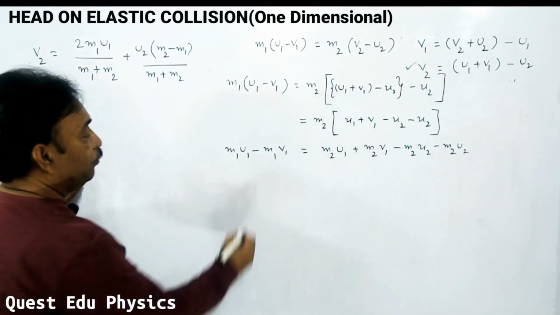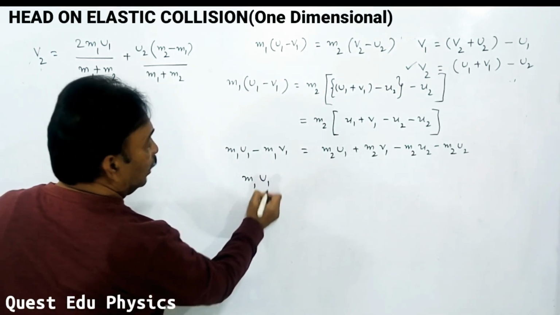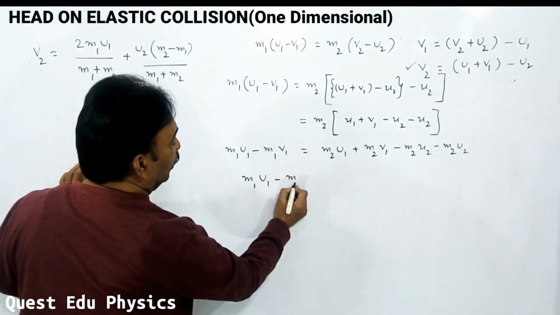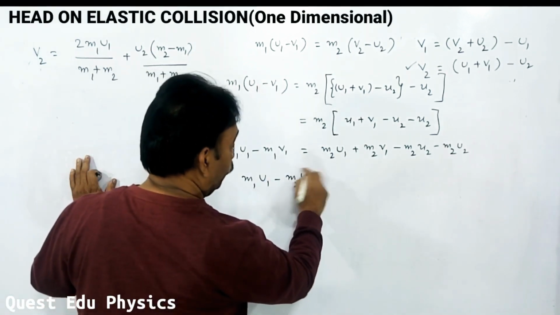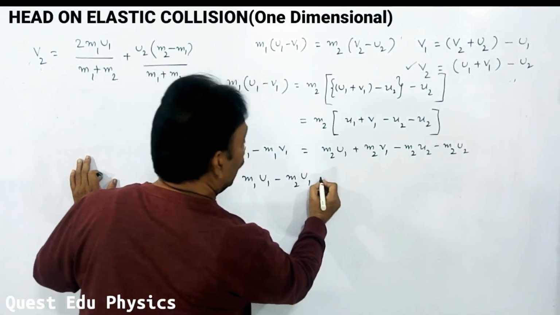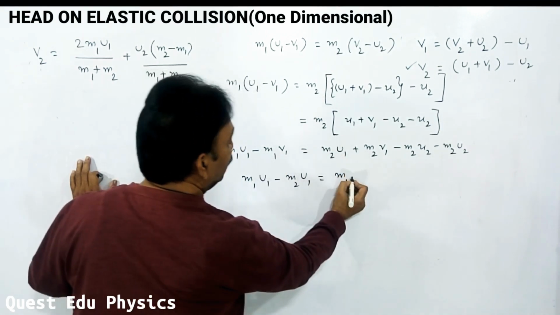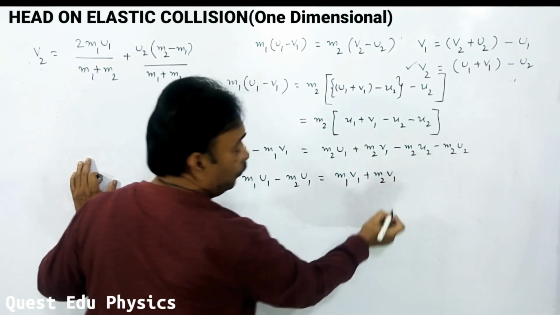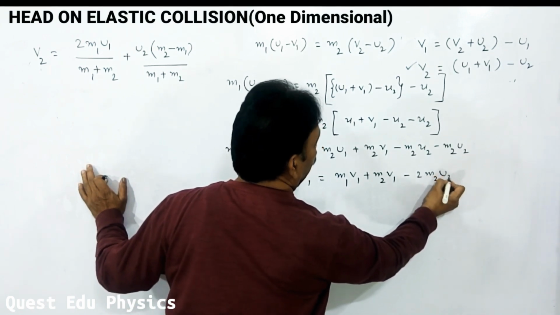Students, it can be written as m1 u1. I'm writing the similar terms on one side. I'm bringing this here, m2 u1, is equal to m1 v1, I'm bringing it here, plus m2 v1 minus 2m2 u2.